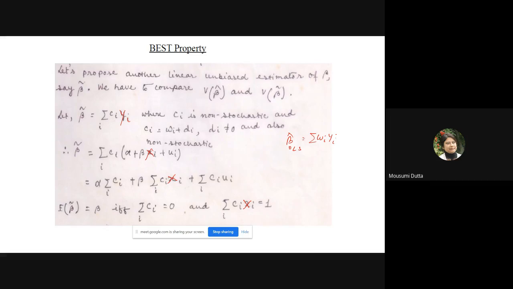So the precondition of considering beta tilde to compare the variances is that expectation of beta tilde is equal to beta; beta tilde should be an unbiased estimator of beta. Everybody agreeing with this matter? This is a precondition. Otherwise, the things will not be complete.